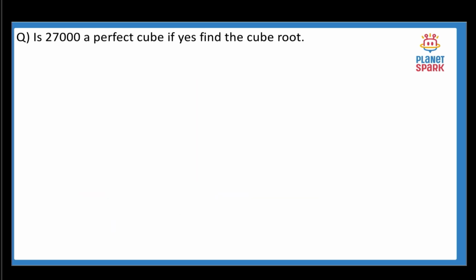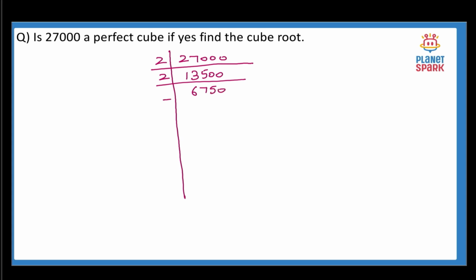Let's check if 27,000 is a perfect cube or not, and if yes, we have to find its cube root. On dividing 27,000 by 2, we get 13,500. Further, 13,500 is also divisible by 2. Dividing it by 2, we get 6,750. 6,750 is also divisible by 2 and we'll get 3,375.